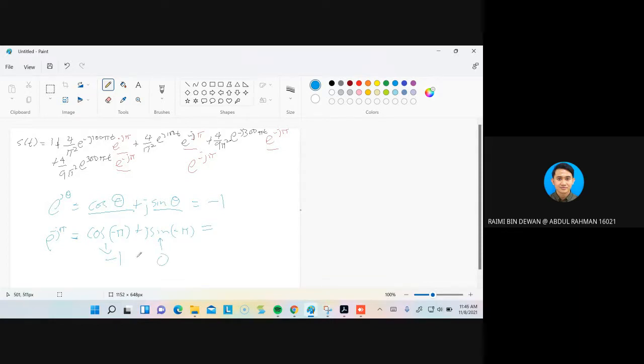So you can see negative 1 plus 0 is equal to negative 1. So that's why your negative 1 here can be represented as e to the negative j pi. This negative that you should have replaced by e to the negative j pi. Understand?